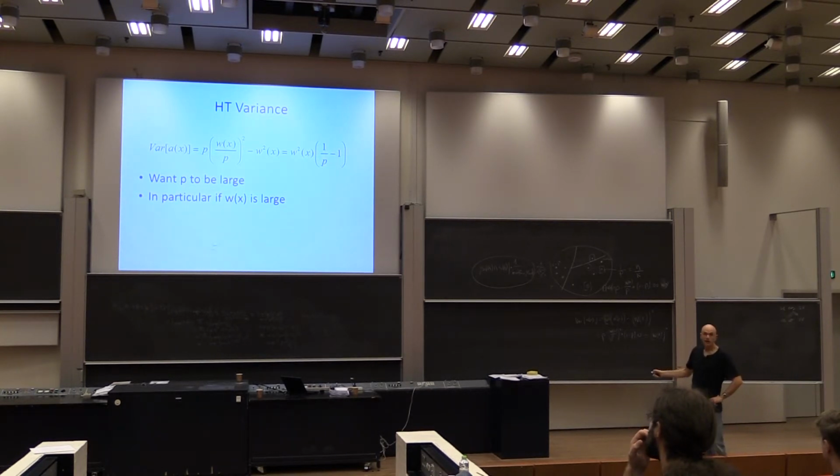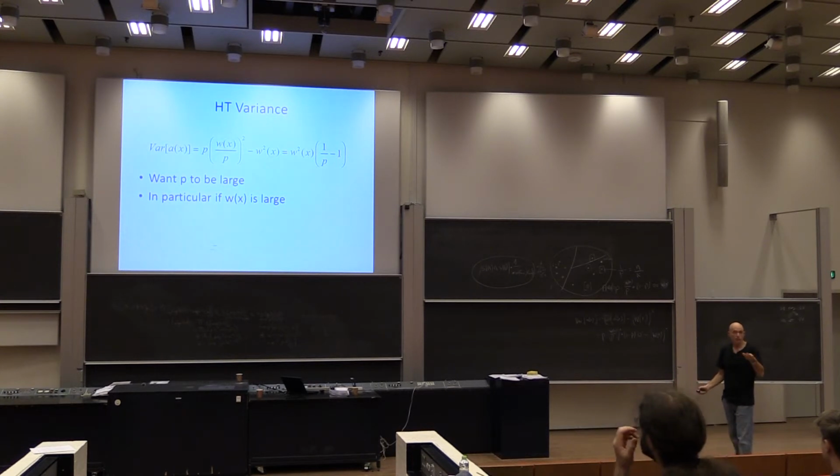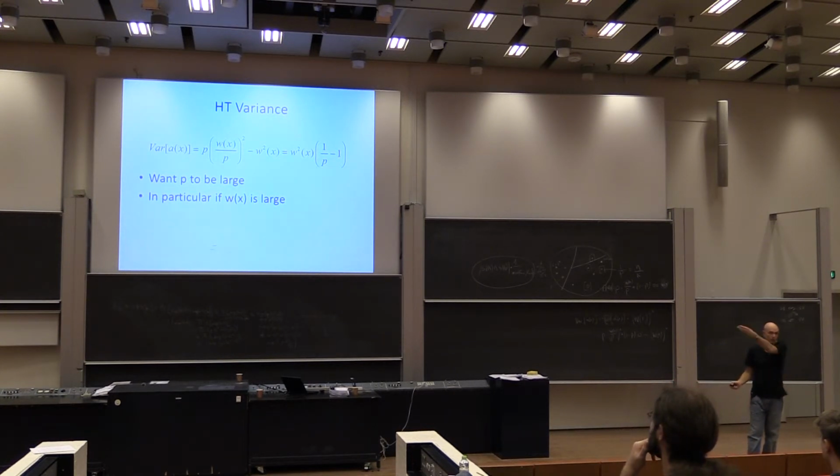And it's especially important if W is very large. You want P to be large in general, but in particular when the weight is very large. Because otherwise, if P is small and the weight is very large, this variance is going to be huge. And the total variance of your estimator is just the sum of these variances.